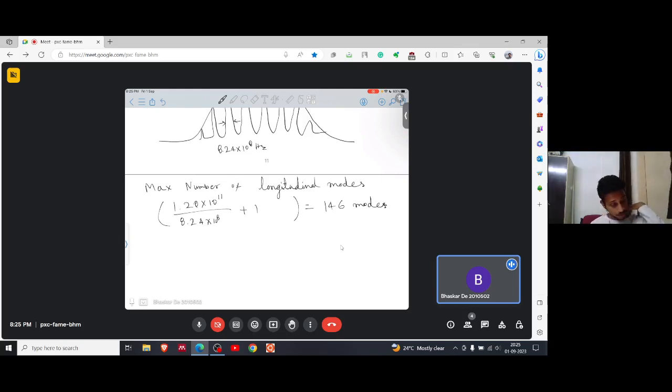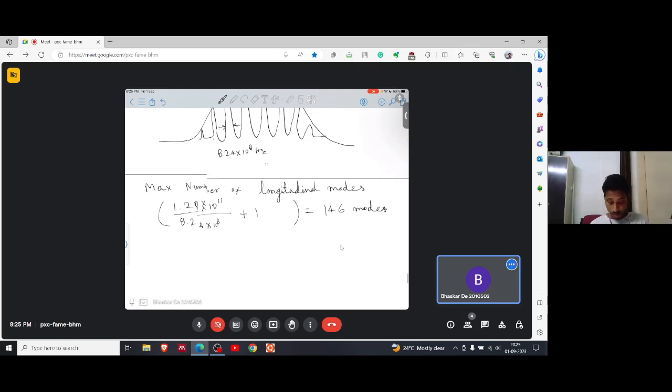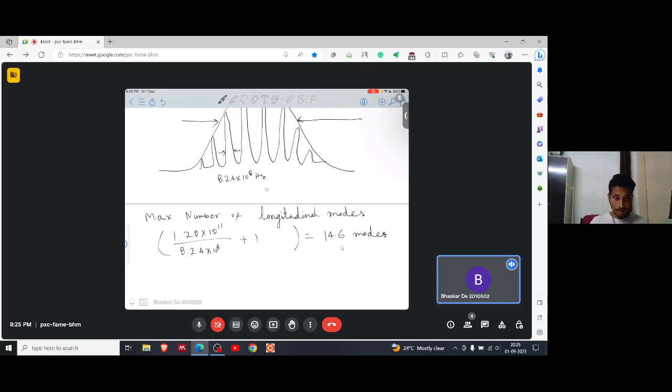It is also possible that the last mode is not included in the emission linewidth, but in the calculation it came, so we will have 146 modes. This value will be something like 145.6. That's why we will round it off and say that 146 modes are possible or participating in the lasing action.